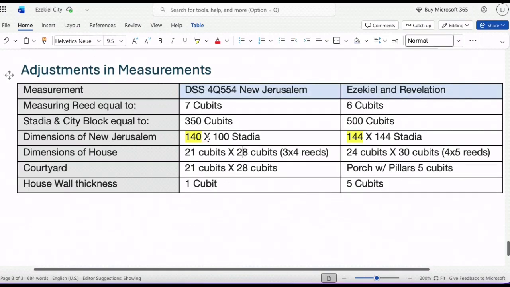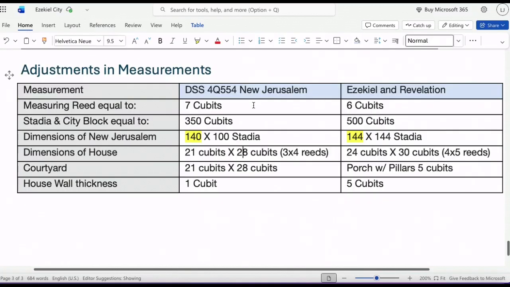But this is what was our confirmation, really, that this was so close to Revelation when we have 500 cubits in a stadia, and we have 12,000 reeds. Once we get 12,000 reeds, we actually have very close, with only a difference of 4 stadia between the New Jerusalem and the Ezekiel.